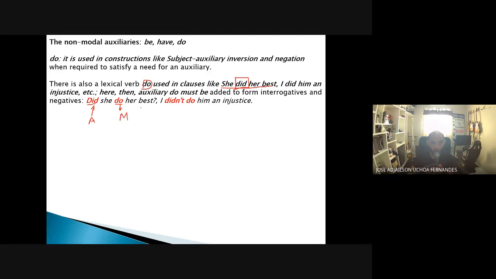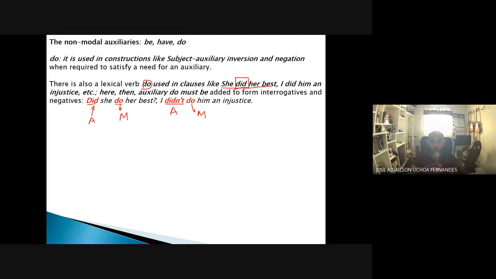Did she do her best? Or an auxiliary plus not here, I didn't, and a main verb do in I didn't do him an injustice. Do you see the difference between the first use of do and the second?